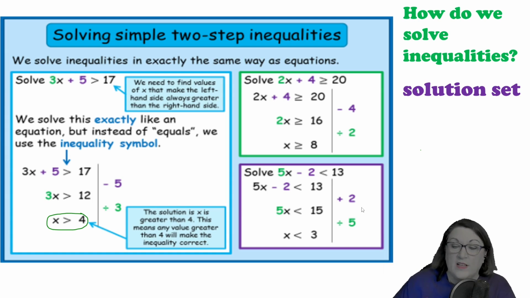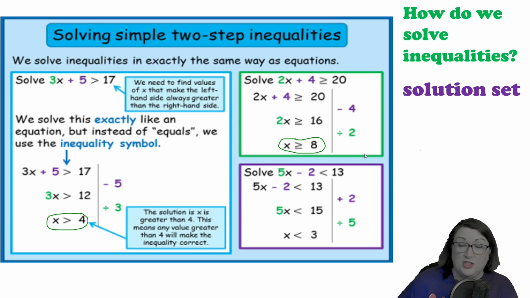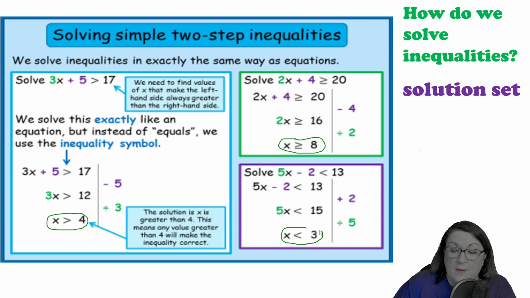With this one here, we have x is greater than or equal to 8, which means that the solution set for x is not just 8, but every number after 8, like 9, 10, 11, 12, and so forth. And then this one here, x is less than 3. That means x can be any number less than 3.